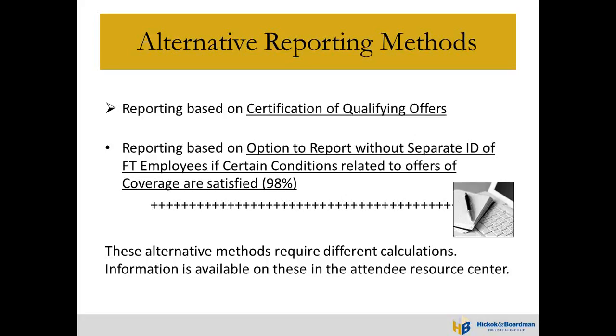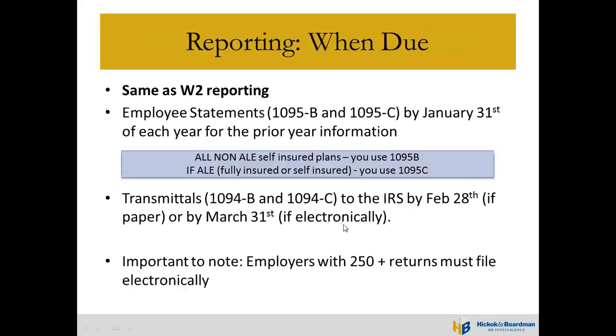It discusses what these particular alternative reporting methods are and how you could do this, but it's a lot stricter. You may want to just go with the general method, which is the forms that we're talking about. It requires different calculations, and you also can look at the resources that will be available to you.